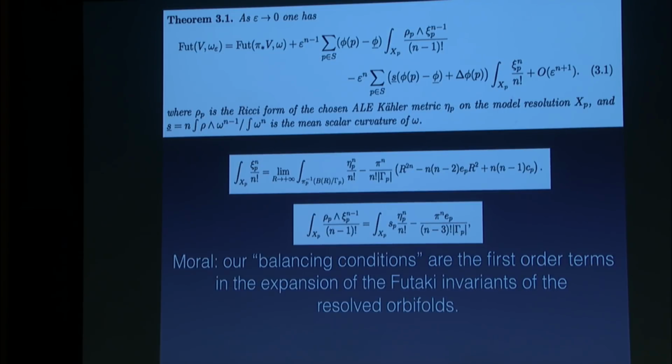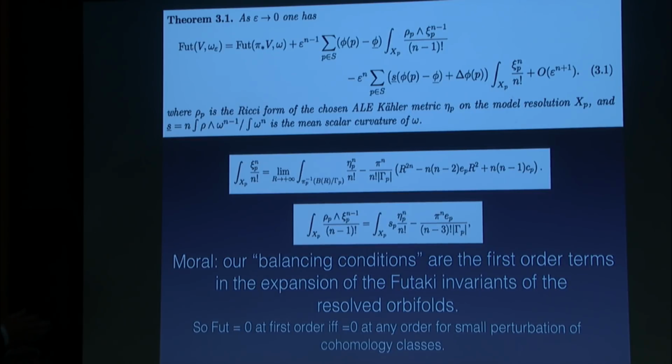So that means that our PDE-type balancing conditions are exactly the first order term in the expansion of the Futaki invariant. Then it's done. These two things agree, and this gives two proofs of the same thing. On one side, I can use a theorem by Calabi, which says that if I have an extremal metric in a class which has 0 Futaki invariant, it is actually constant scalar curvature.